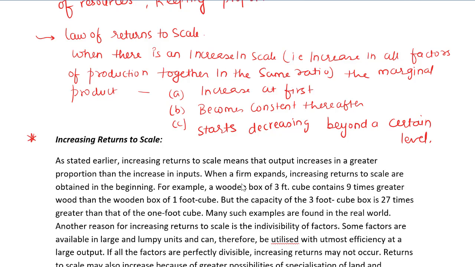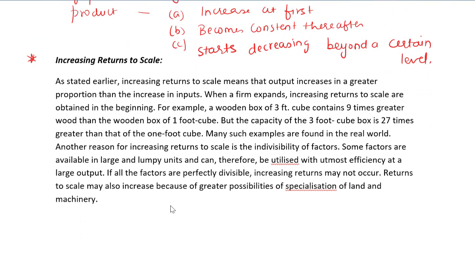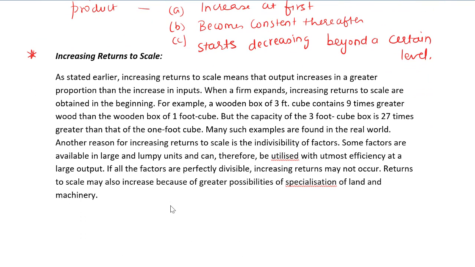Let's see returns to scale now. As stated earlier, increasing returns to scale means that output will increase in a greater proportion than the increase in input. When a firm expands, increasing returns to scale are obtained in the beginning.